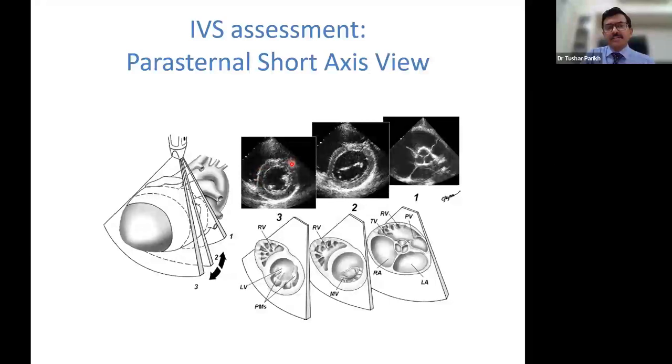The interventricular septum is designed in a way that it contracts as a part of the left ventricle and not the right ventricle. So the left ventricle is expected to contract like this, a spherical circular structure contracting symmetrically.